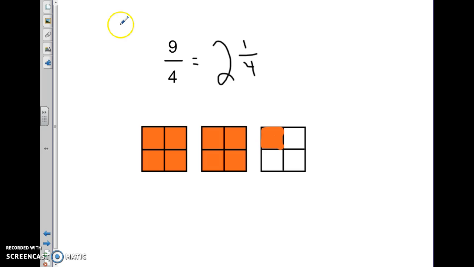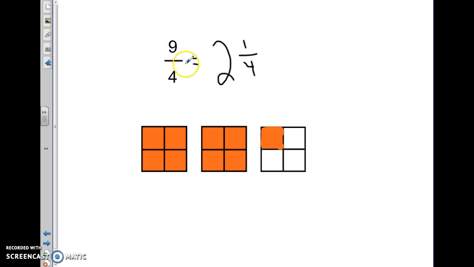So I want you to think about something as you look at these, because you won't always be drawing them out like this, right? Just the relationship of these numbers. If you think about 9/4, remember that when we look at fractions like this, we can also think of this symbol as a division.